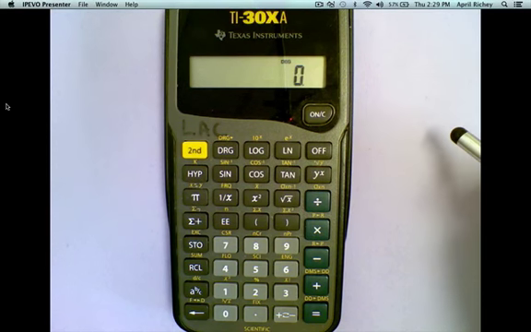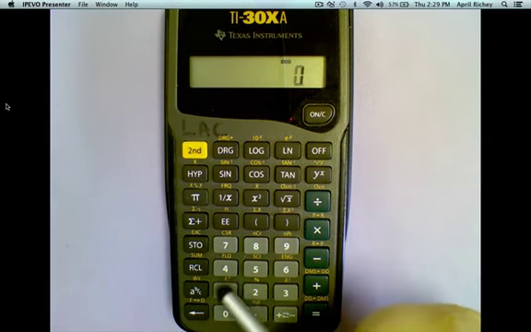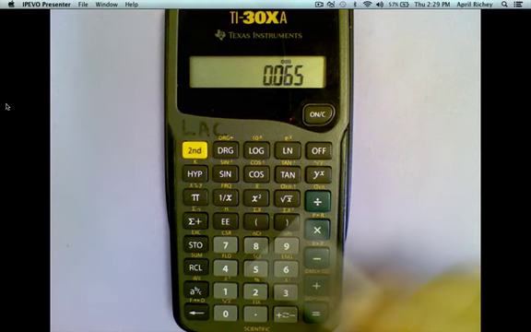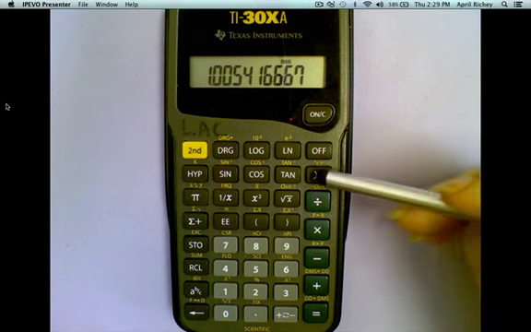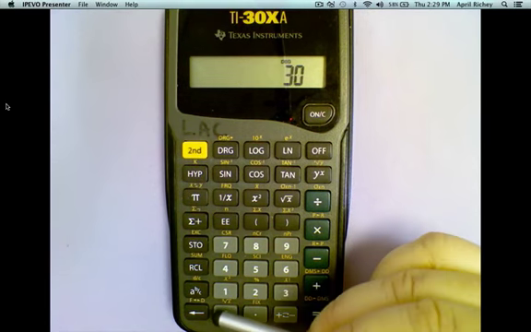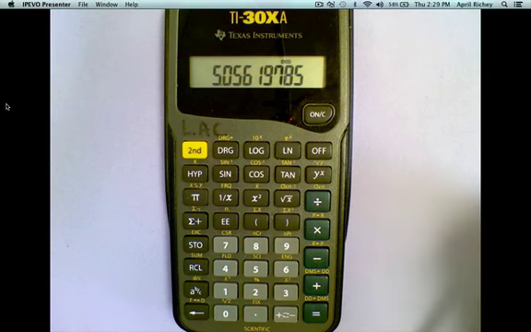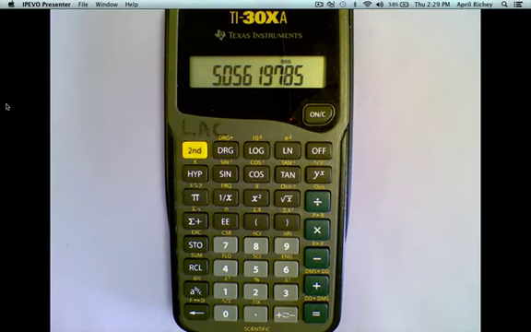So on the calculator we begin with 1 plus 0.065 divided by 12 and hit equals. Now raise this to the 300th power and press equals. And we get 5.056 and that decimal continues on.